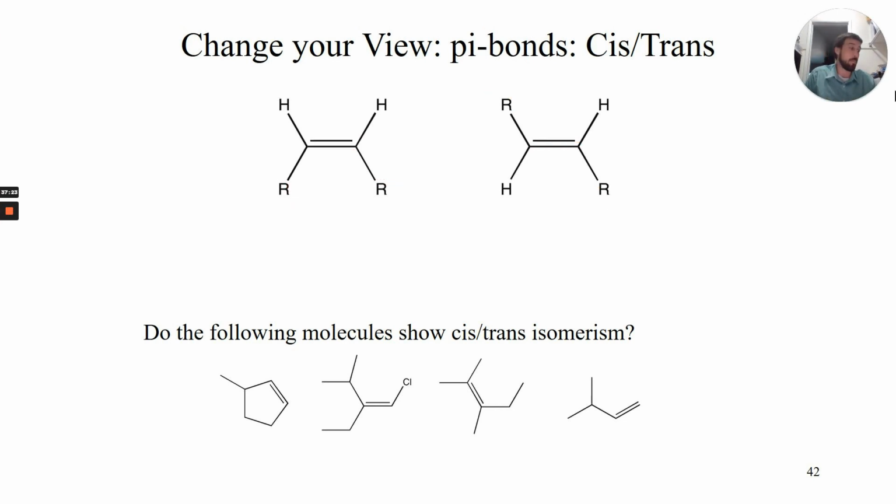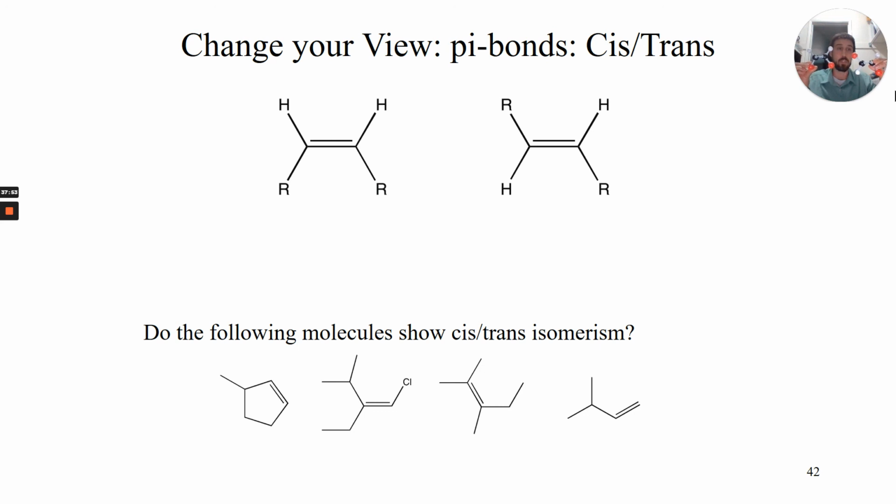If we were to look at model kits, those R groups, those red balls, are on opposite sides of the pi bond, and because I can't rotate, there's no way I can get that to look like the one on the left where they're on the same side. So we could pull out another model and align them, and we can see that that's what's happening.